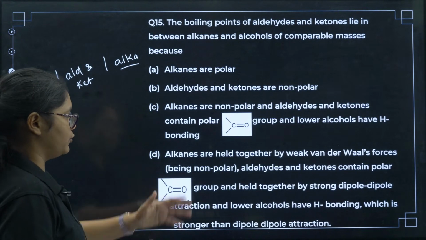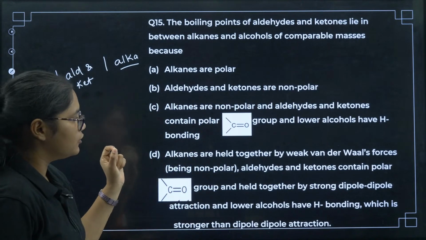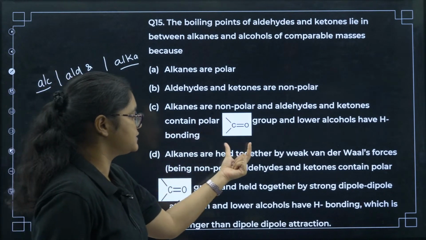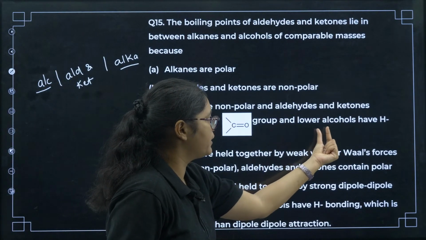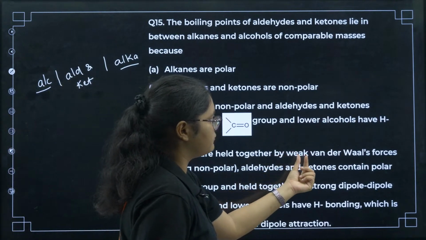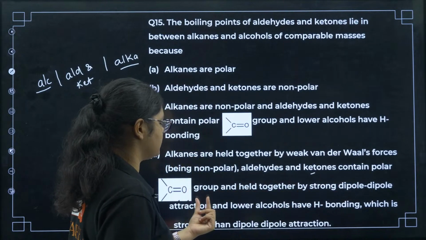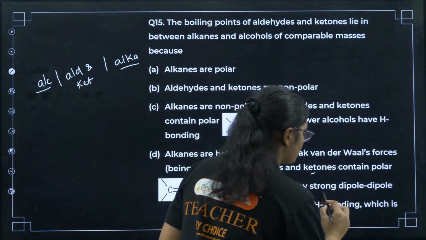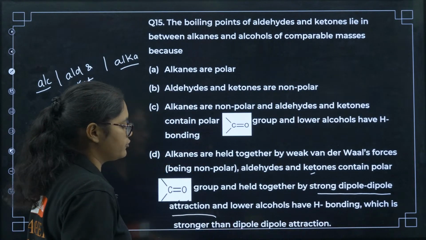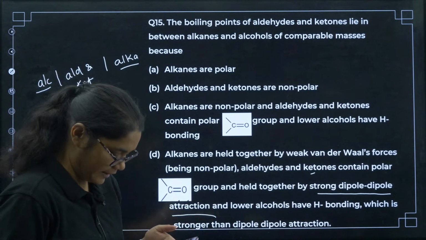Because alkanes are non-polar, and aldehydes and ketones contain polar CO group, and lower alcohols have hydrogen bonding. Alkanes are held together by weak van der Waals forces. Aldehydes and ketones contain polar CO group and are held together by strong dipole-dipole attraction, and the lower alcohols have hydrogen bonding which is stronger than the dipole-dipole interaction.